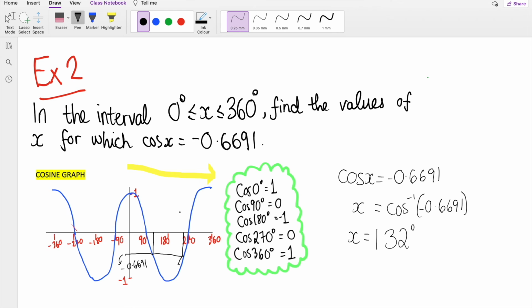Now I need to find what the x value is at this point. Again, using the fact that the cosine graph is also symmetrical, it repeats itself every 360 degrees, I can see from 90 degrees, this is 132.